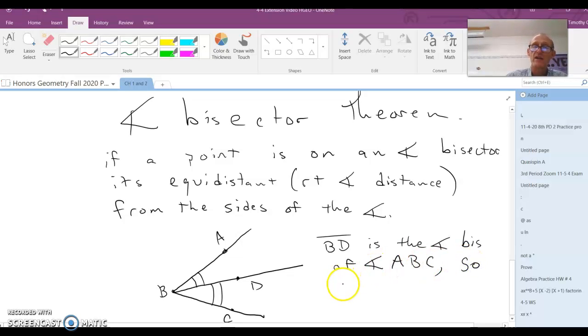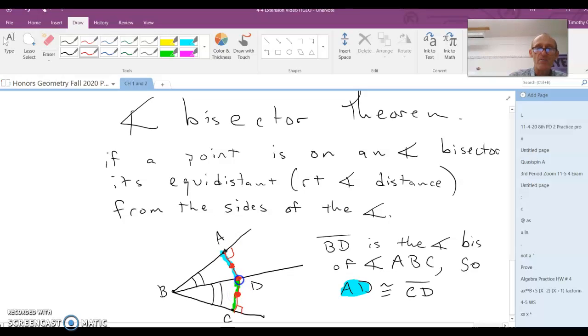So AD is right here, is congruent to CD, which is right here. Now, the right angle distance, so this segment is perpendicular to the side of the angle, and this segment is perpendicular to the side of the angle. So this segment is congruent to this segment.